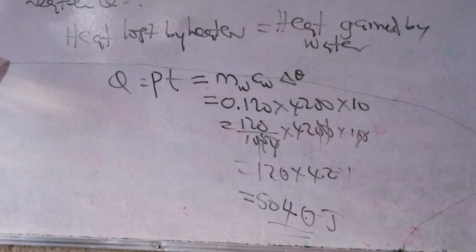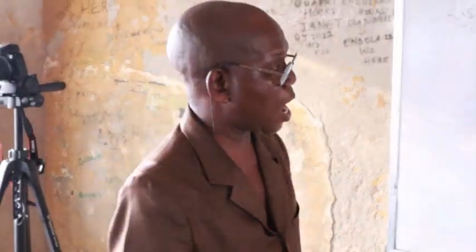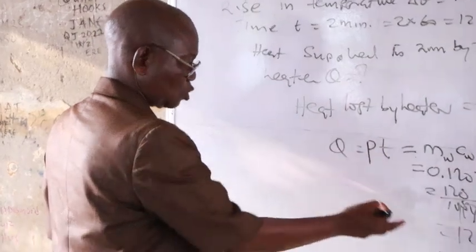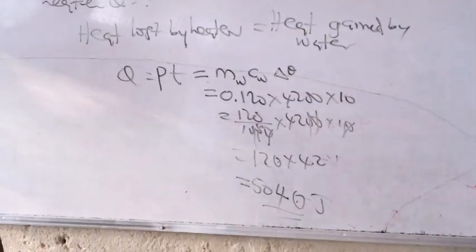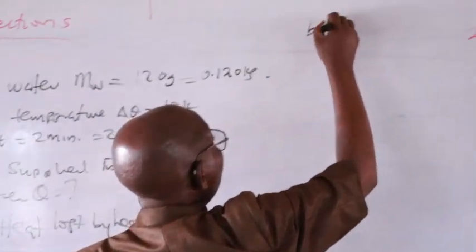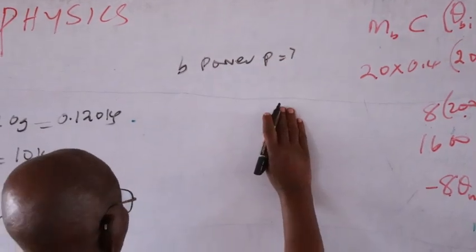You have to calculate the heat supplied in 2 minutes by the heater. The second question says, B part, the power of the heater. Very simple. Once you have known the quantity of heat, to get the power, we can simply say, B part: we need power P, not known.